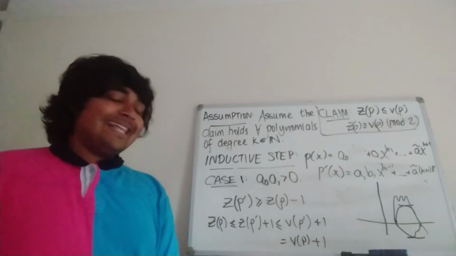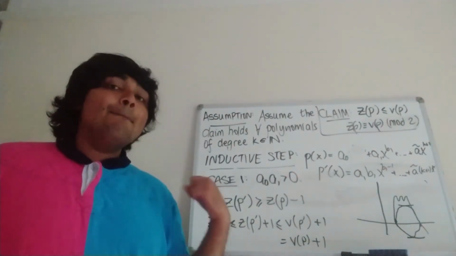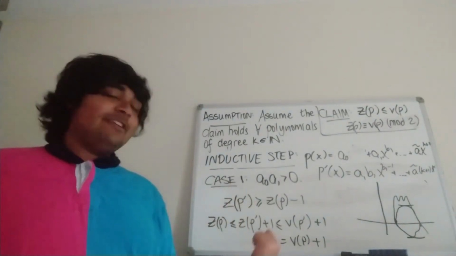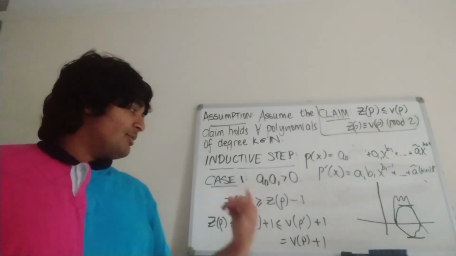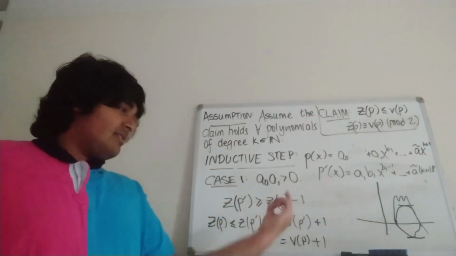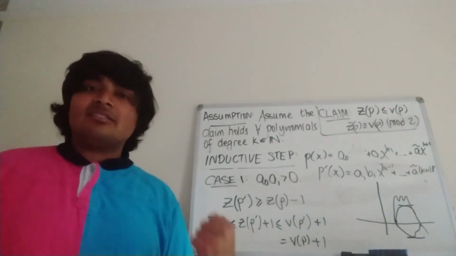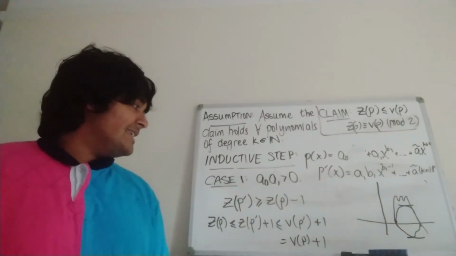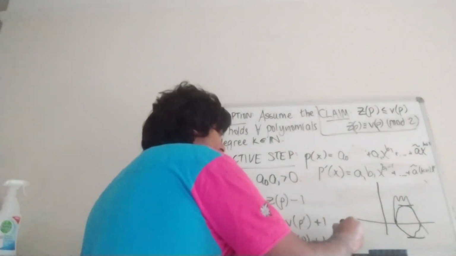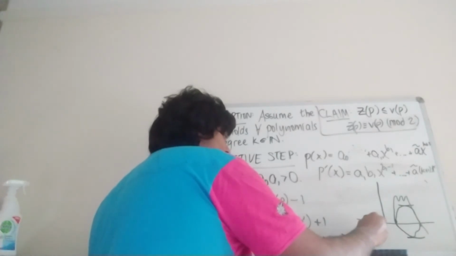So z of p is less than or equal to v of p plus 1, but because z of p and v of p have the same parity, z of p can't equal v of p plus 1, otherwise they'd have different parities, and hence z of p must be at most v of p.